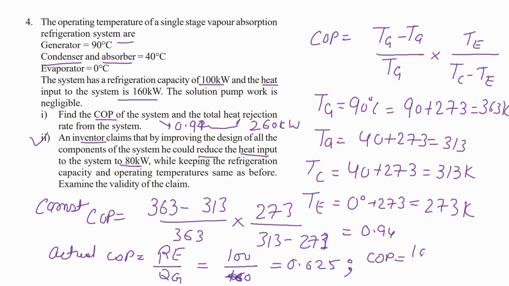He wants to replace this 160 with 80. So we put it in, and we get a COP of 1.25. This COP is greater than the Carnot COP, and you have heard that no COP can be greater than the Carnot COP. So the claim is false.